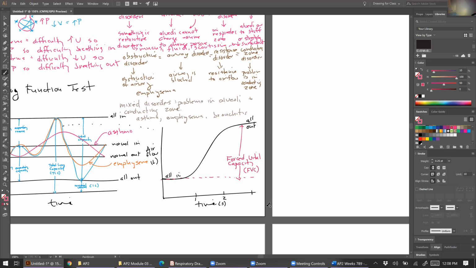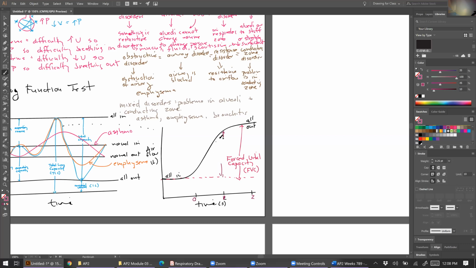Then you're also going to measure how much air they moved out at, I should have made this, I'm sorry, I screwed this up. This should have been 0, this should have been 1, this should have been 2, sorry. You're going to have them breathe out, and you're going to measure how much air they breathed out at 1 second.